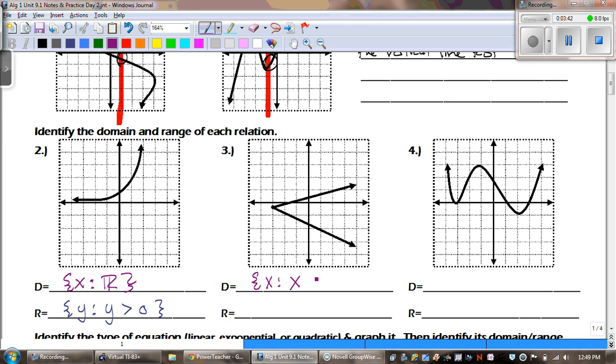Does it equal -3? Yeah, so x is greater than or equal to -3. Now, what about the range? Well, it's going to keep going up and it's going to keep going down. I don't know where it begins or ends. So we would say that the range is all real numbers.